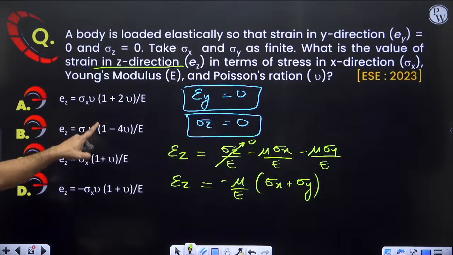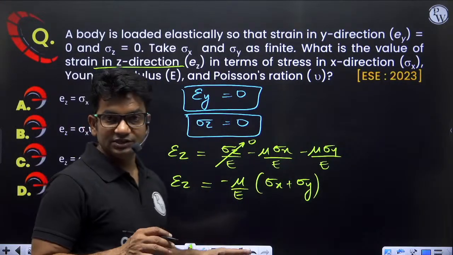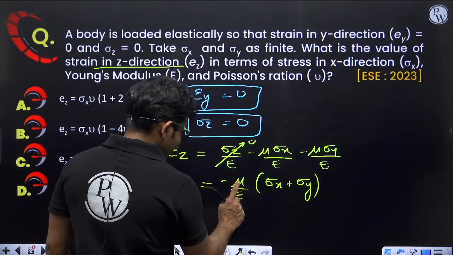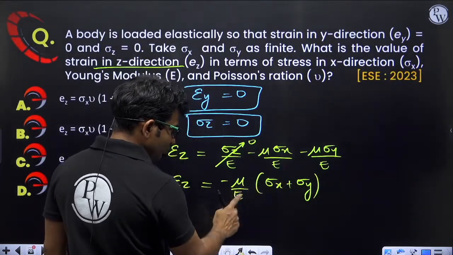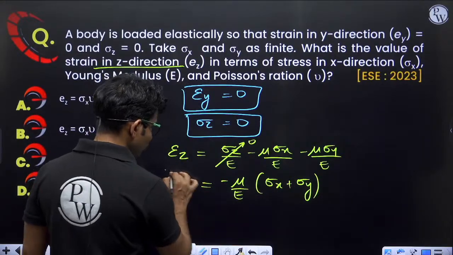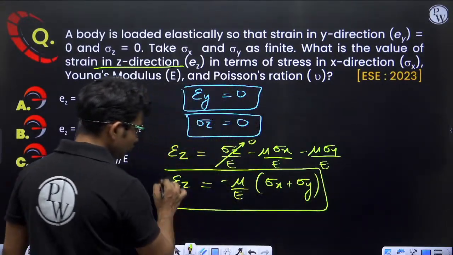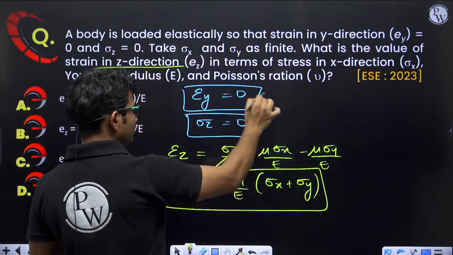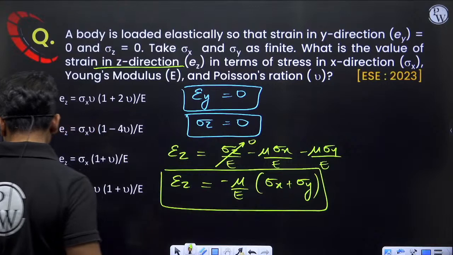Now here we have to find the relationship in terms of sigma x, mu and E only. We don't want sigma y here, so we have to somehow eliminate this value of sigma y. This can be eliminated by using the relationship epsilon y is equal to 0.